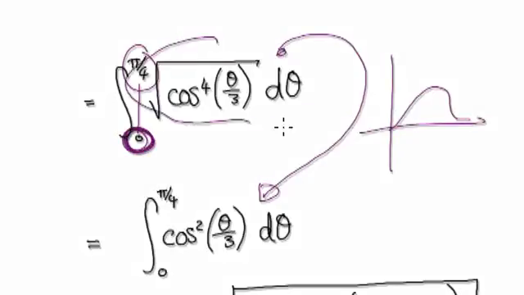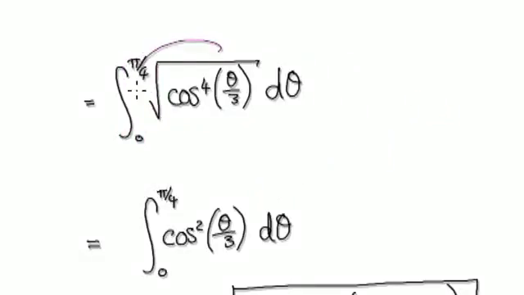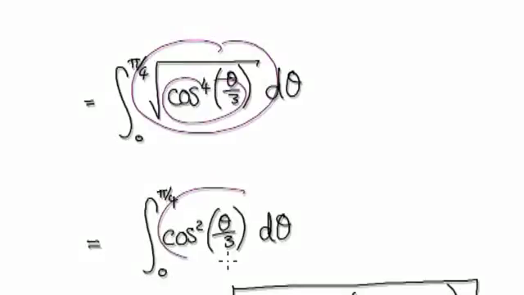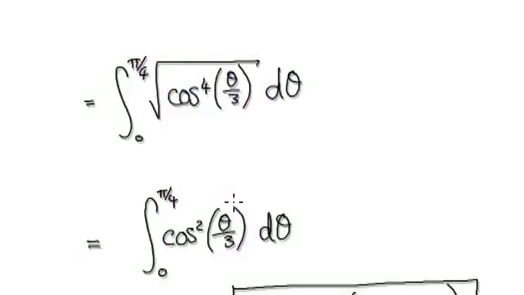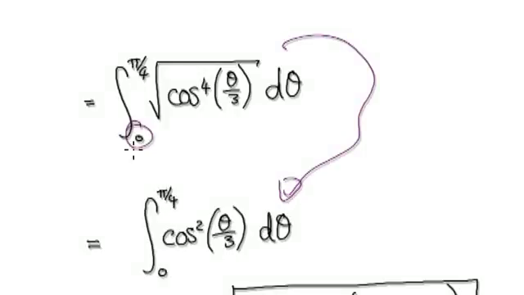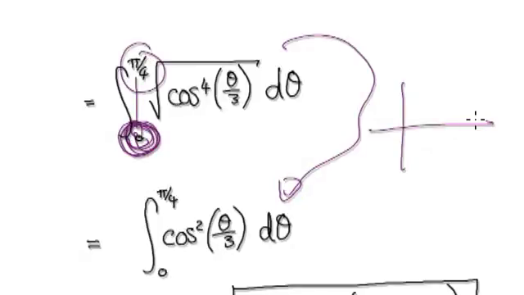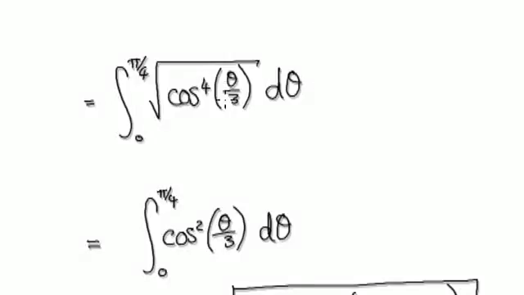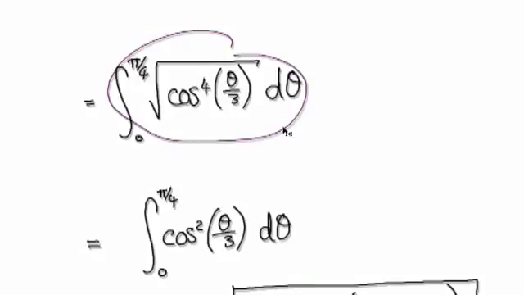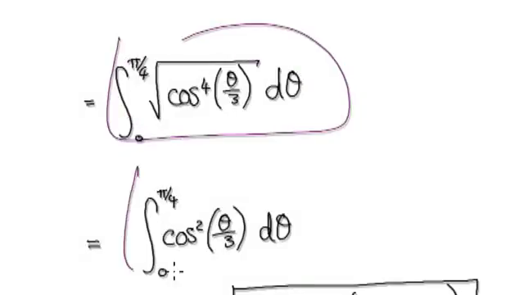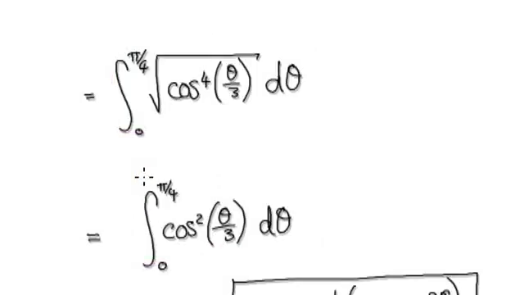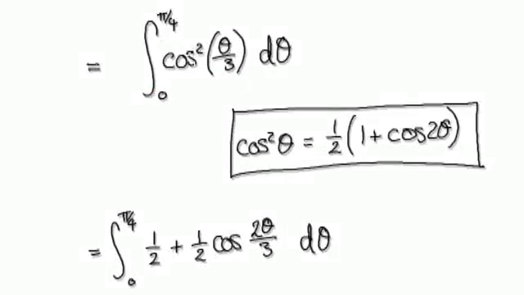Forget about this if you don't understand what I'm talking about. The point here is that if you square root this, it will become this. We're never going to be in the negative realm anyway. Okay, forget about that absolute thing. From here, that will take us to here.